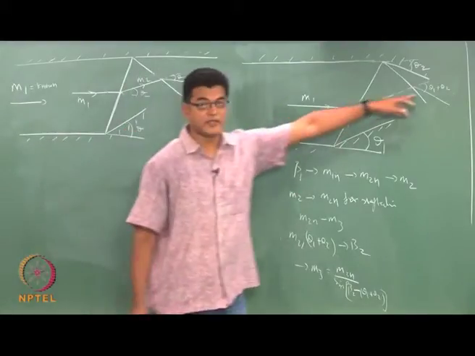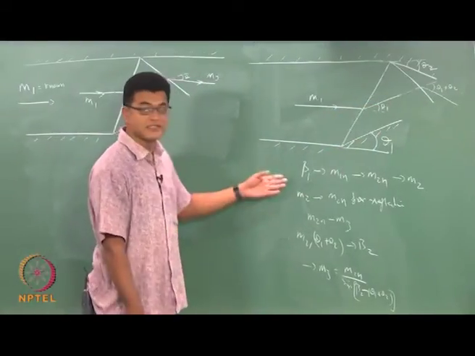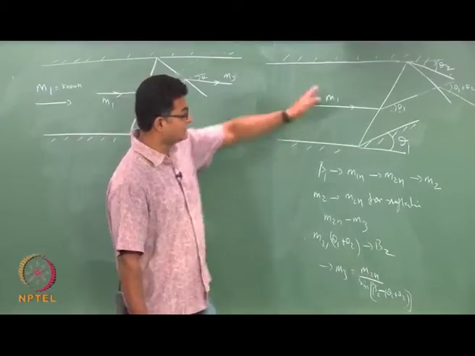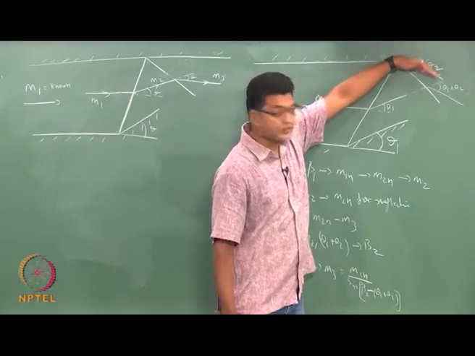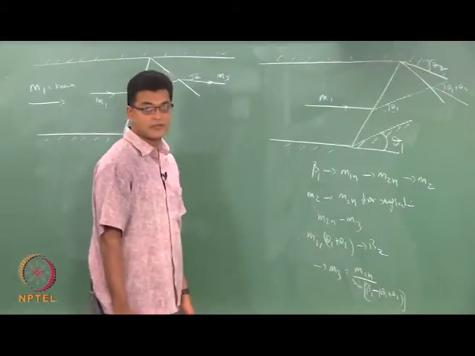So, I would get my values at M2n. So, the procedure is the same thing as we have done before, just that you have to realize this angle is now turned for theta 2 also. Okay.